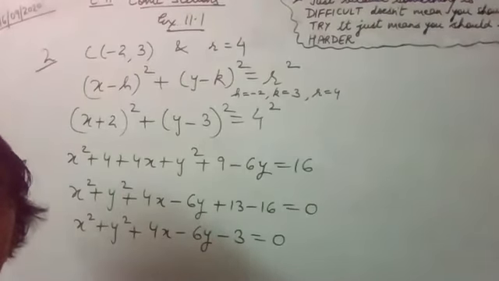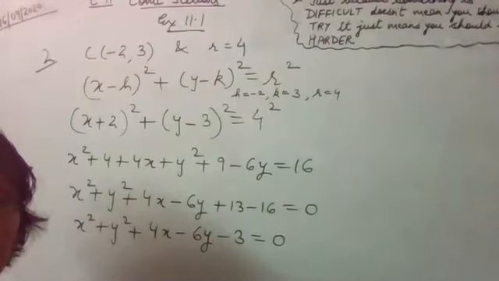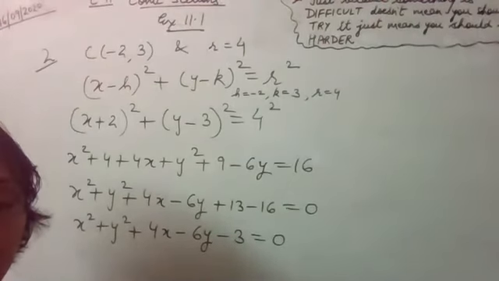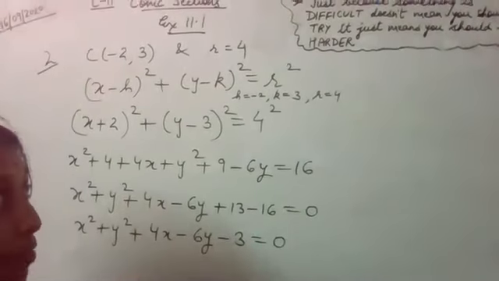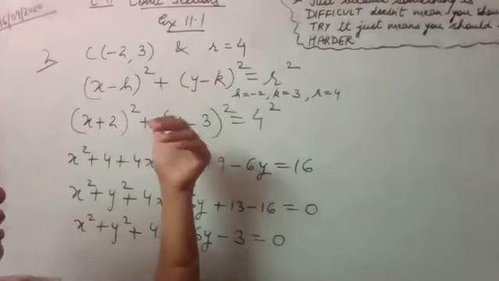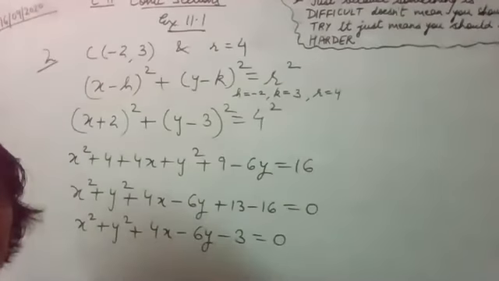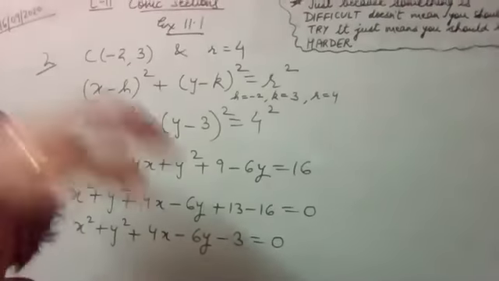What is a circle? How do we get a circle? What are the general equations of a circle? And what is the particular equation of a circle when the center lies at the origin? Then we have done one question based on that, on how to find the equation of the circle if the center and radius are given.